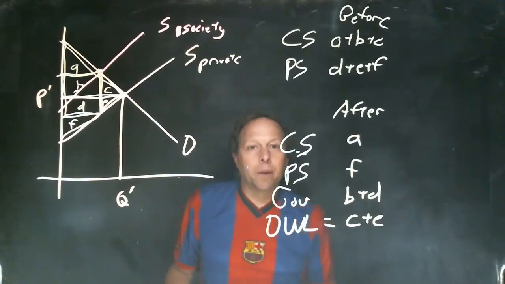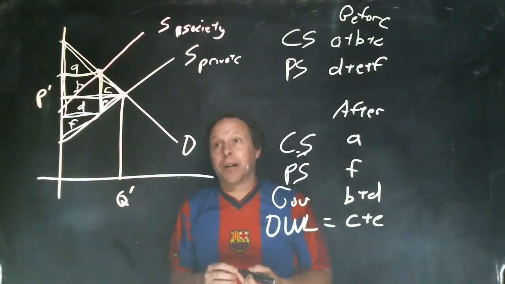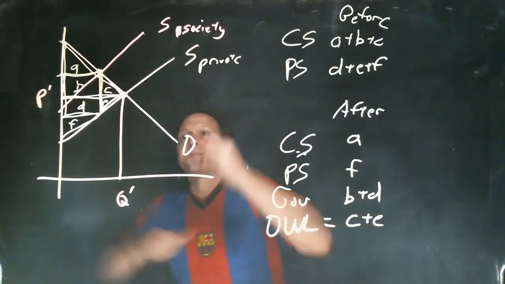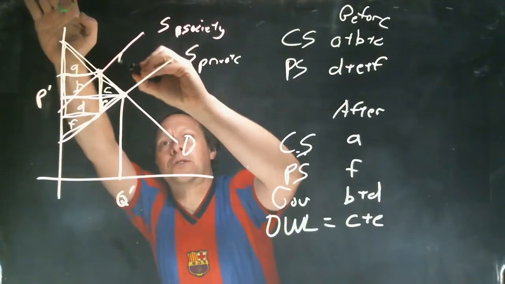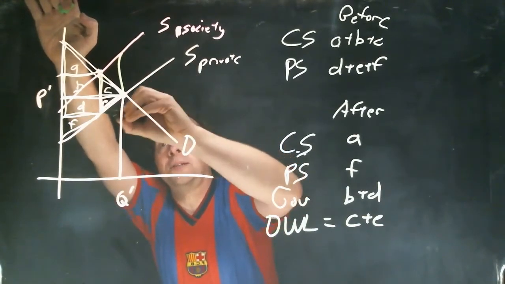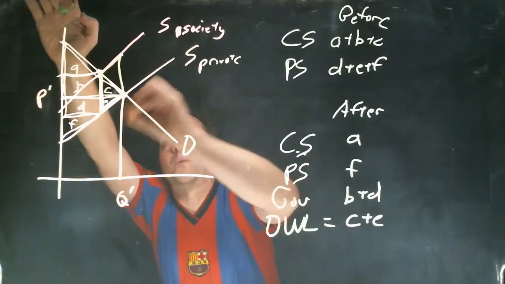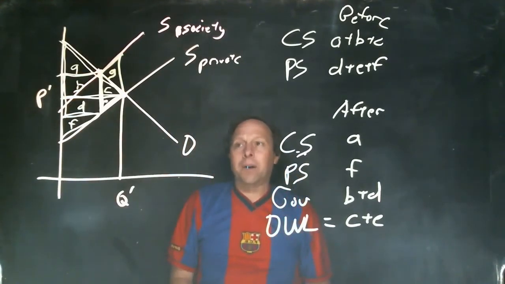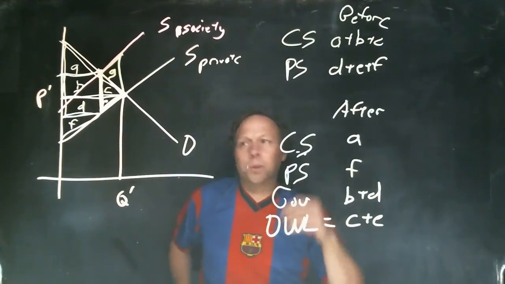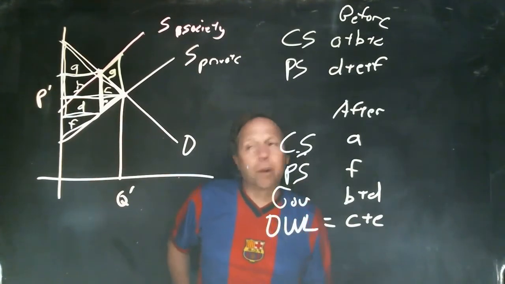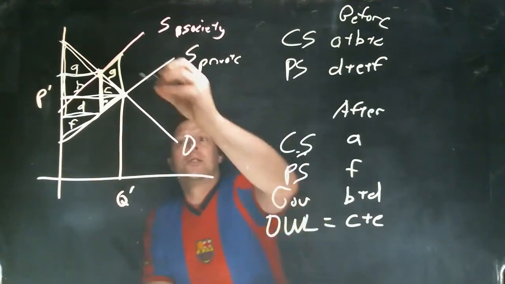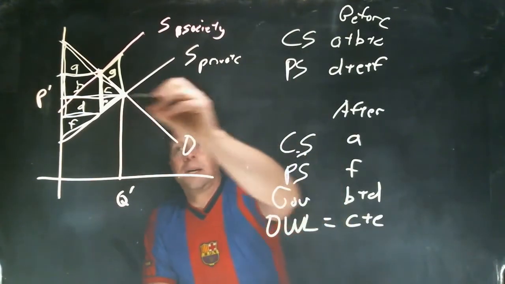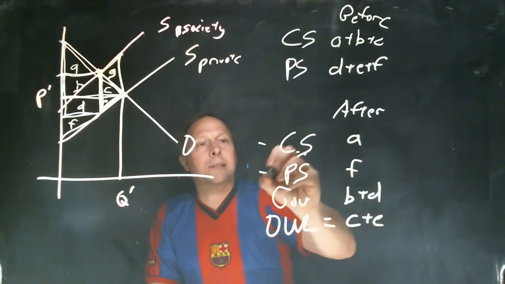Here's the cool thing, though, that happens when we've got an externality, right? So the last important thing with an externality is that this whole area here, and I'm going to put in one more piece here, G, that whole area there are costs to society that we weren't accounting for beforehand, right? So we've only so far in our analysis included the private costs and benefits.